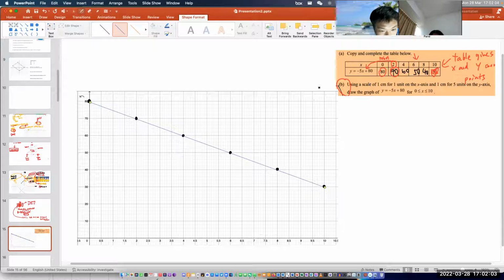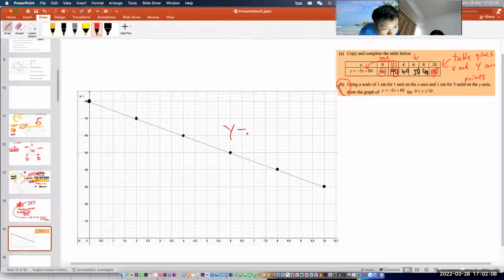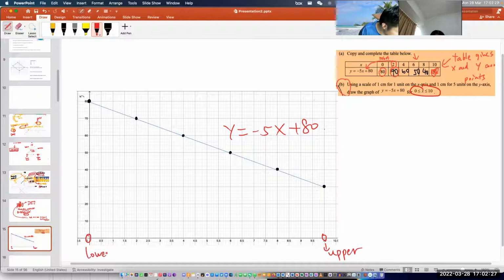So this is my y is equal to minus 5x plus 80. All right. So over here, what it means is you are given the range 0 to 10. So basically, I need to show 0 to 10. This is my upper limit. And then this is my lower limit. And I'm not going to show anything beyond.